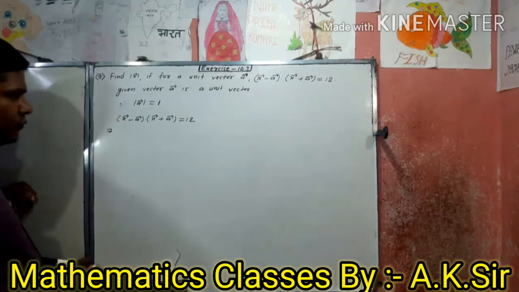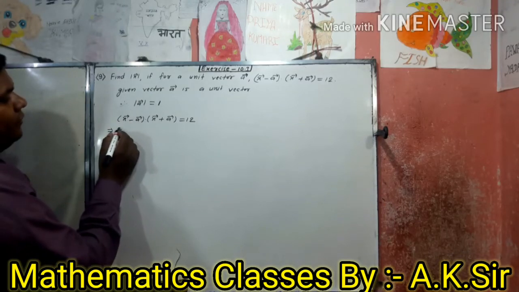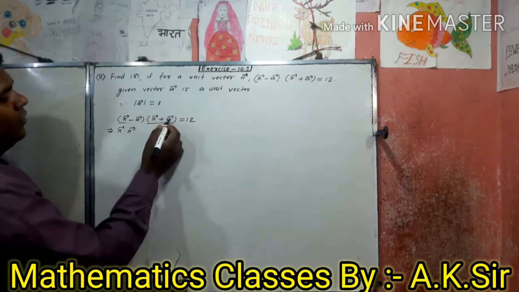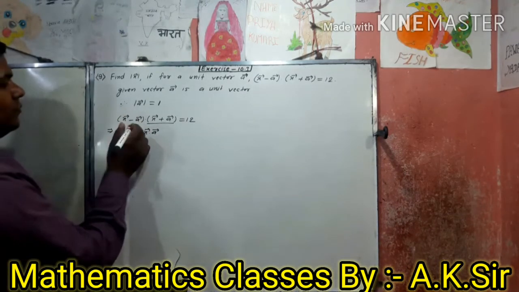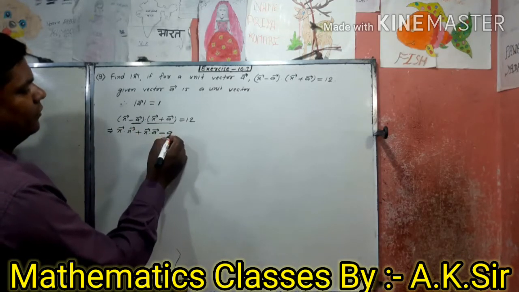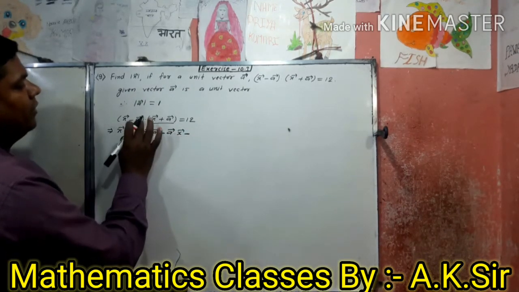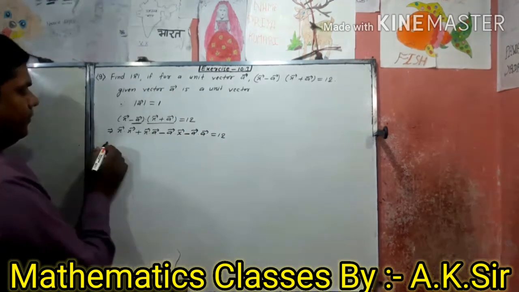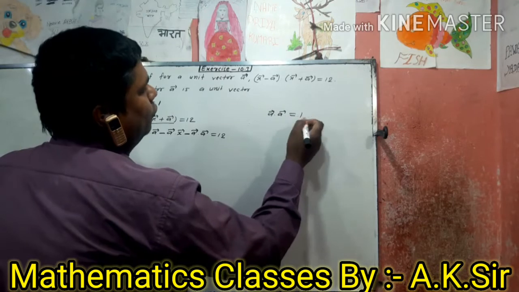Now we solve again. x vector dot x vector, x vector dot a vector, minus plus minus a vector dot x vector, minus plus minus a vector dot a vector is equal to 12.